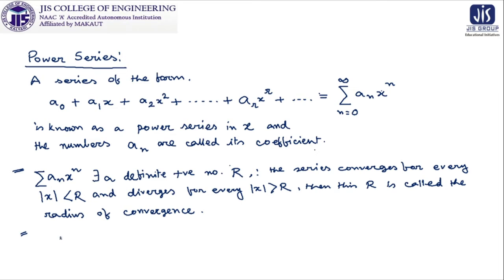The radius of convergence we find by this formula: limit n tends to infinity mod of an by an plus 1. You know what an and an plus 1 are. These are nothing but the coefficients of the power series for the nth term and the n plus 1th term. All these conceptual details will be clear if we go for the problems.